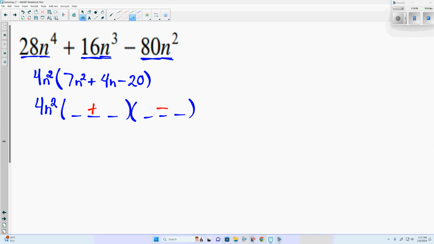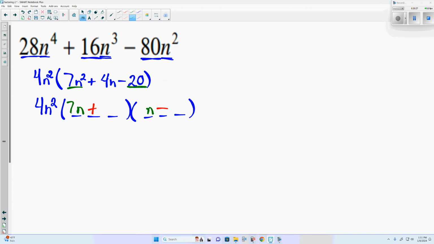One's going to be positive and one's going to be negative. Now we need to find the factors for the first and third terms. So for our 7n squared, we would have 7 and 1, n and n. There's not a real reason I put it in the first one each time. I'm just picking a place to put it and putting it there.